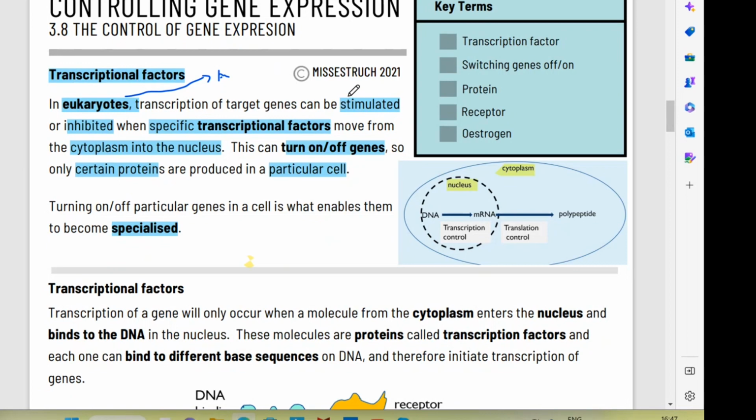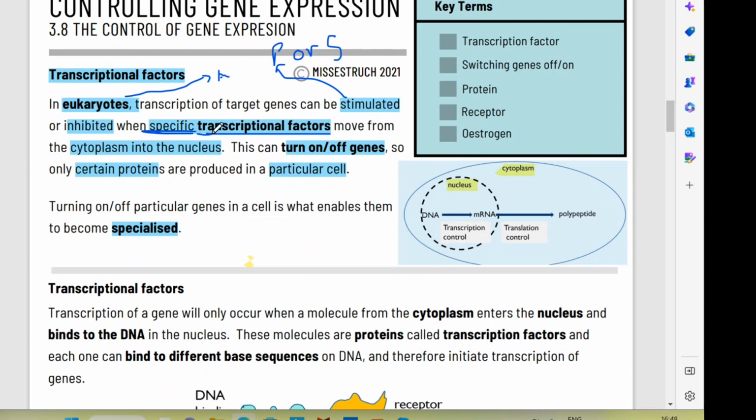The transcription of these target genes can be stimulated, i.e. progressed, or stopped, okay? When specific, so only certain transcriptional factors will be able to move from the cytoplasm into the nucleus. So we're going to move on to transcriptional factors in a minute.